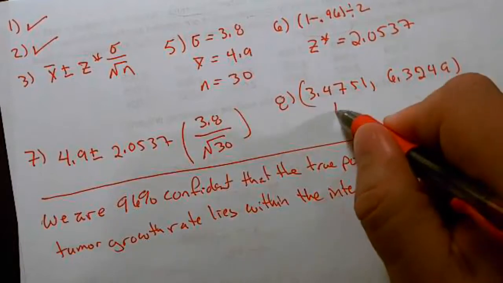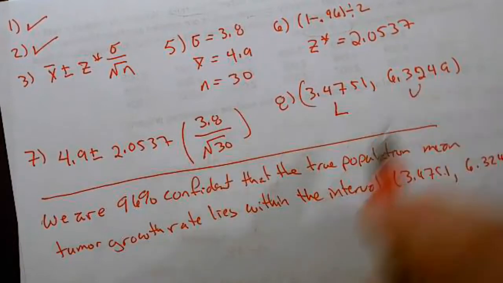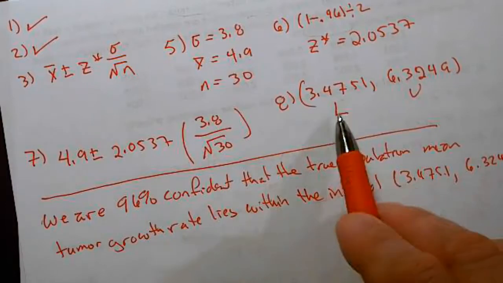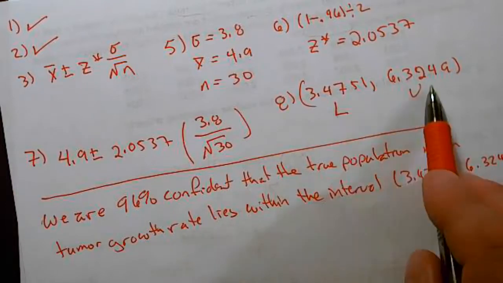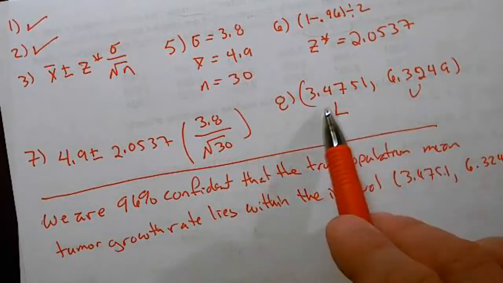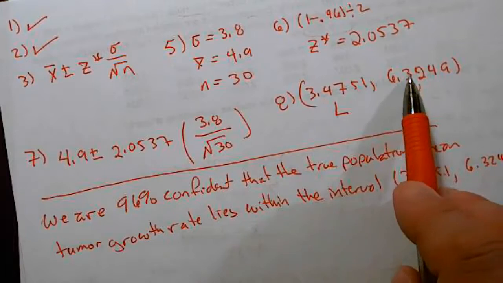This is my lower part. This is my upper part. So no value less than this and no value greater than this is plausible. Anything between there is plausible. So as low as this and as high as this.